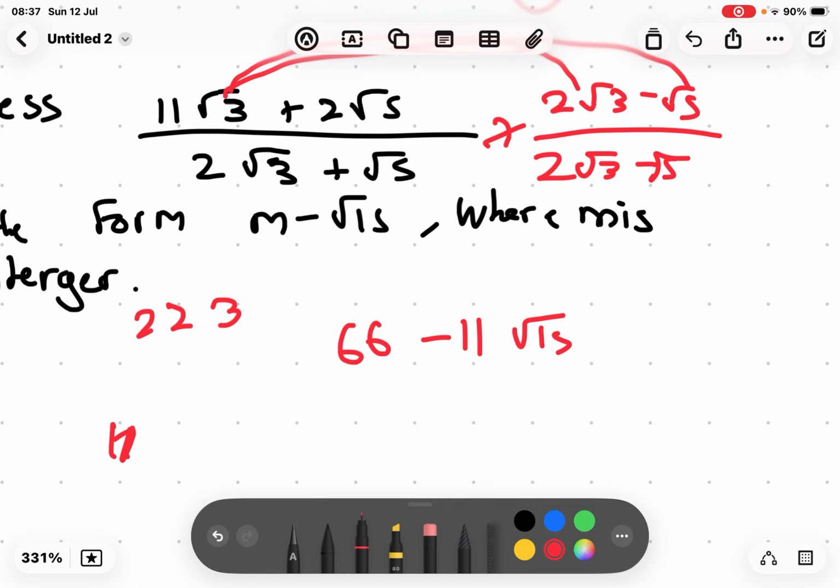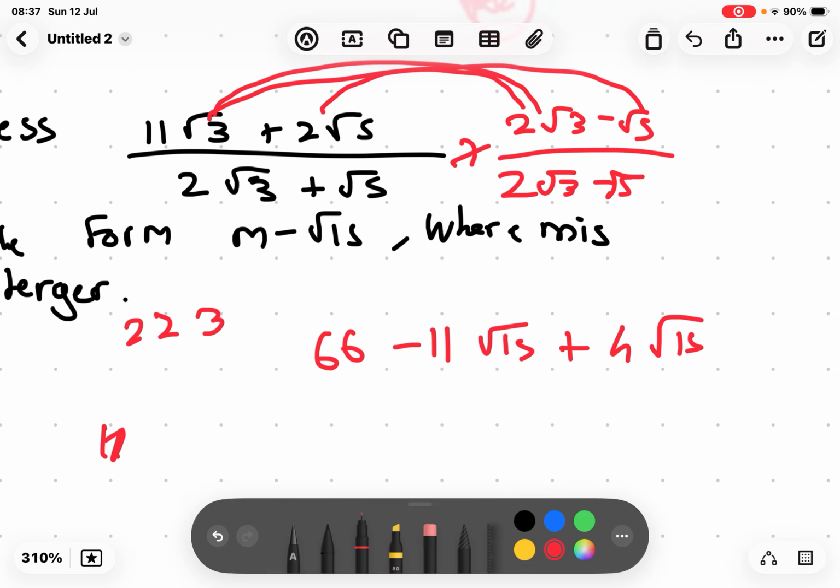And then this times this. So, plus 4, 15. And then this times this, 9, 2 tenths.